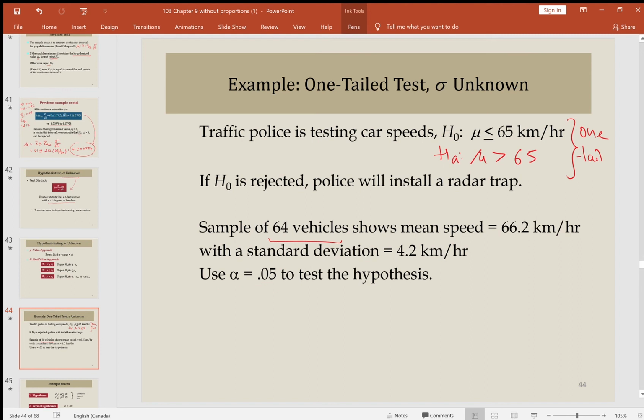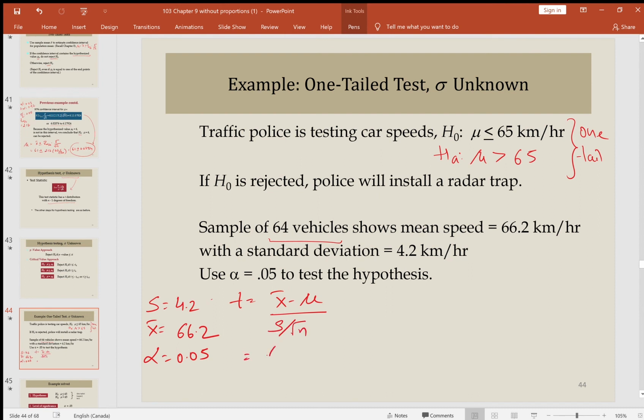Because we are given sample standard deviation, S is 4.2 km per hour, and we will use T distribution. X bar is 66.2, alpha is 0.05. Let's calculate T. T is x bar minus mu divided by S divided by square root of n.